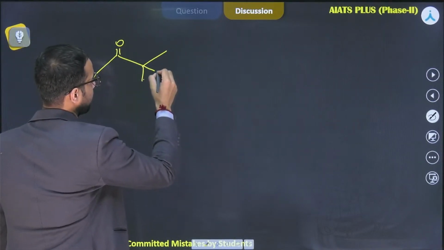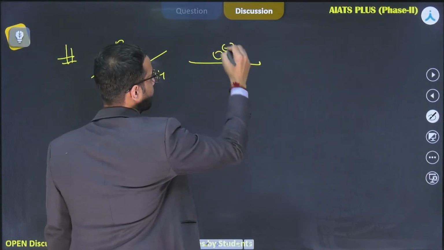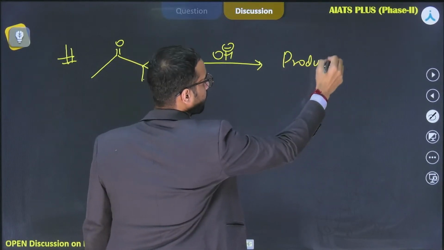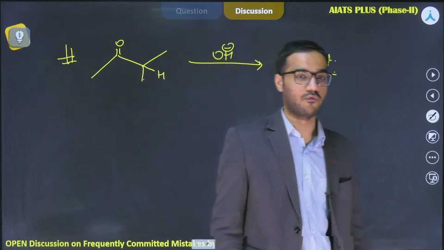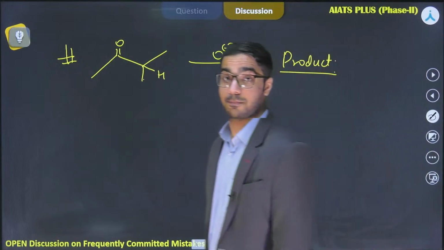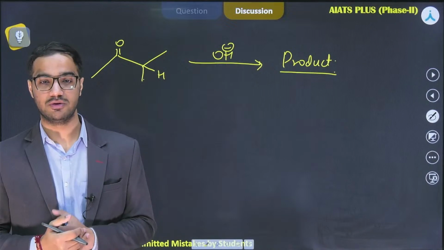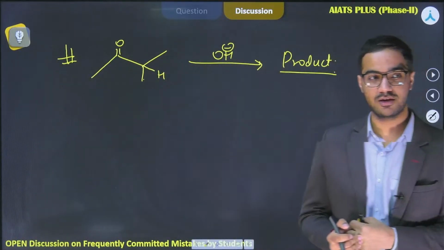This is hydrogen. You are reacting with OH negative. What will be the product? This is the question you need to attempt as homework, and please give me a detailed explanation in the comment section below. Okay? Is it clear?